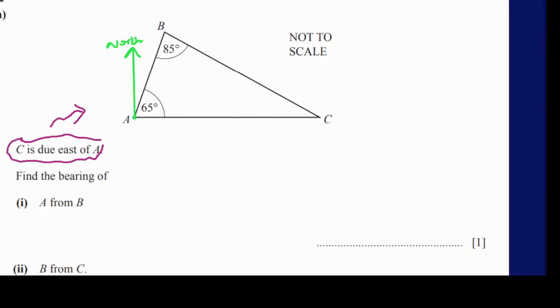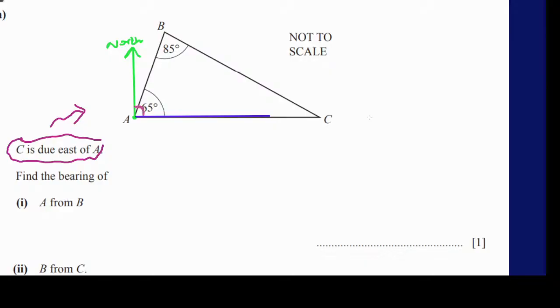That's the east direction. So this blue line represents the east. So what is the angle between the north direction and the east direction? It is 90 degrees. So this angle here is 90.